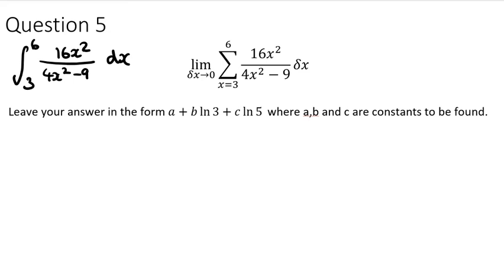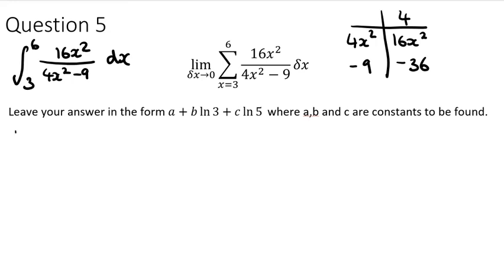So we're going to need to do some division first. You might do the traditional long division method, but I would just think, I've got to times something by 4x squared minus 9 to get 16x squared. Well, that has to be 4. But I'd have to do 4 times the minus 9 to get minus 36.